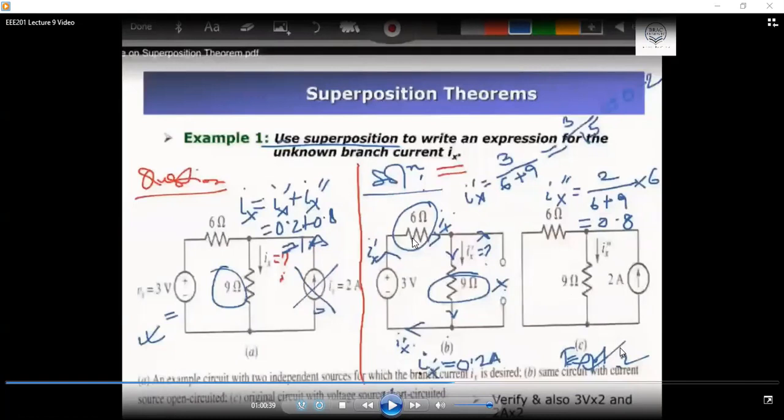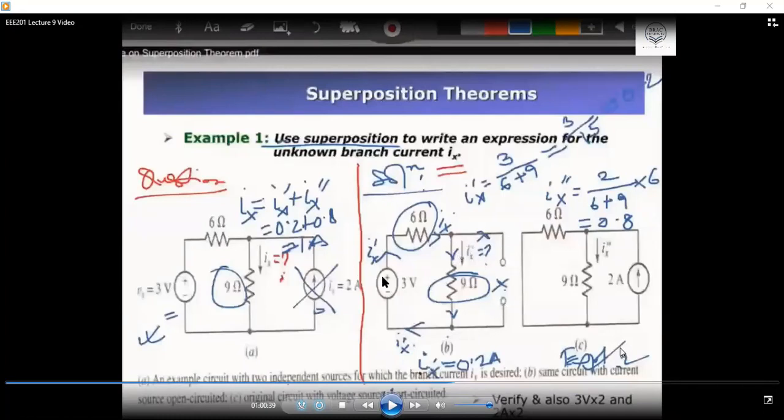So in the first experiment Ix is Ix prime. In the second experiment Ix is Ix double prime. If you want to find Ix prime, the current source is open, so the 3 volt is connected directly in this circuit. The current is 3 divided by 6 plus 9, that is 15, and that is the current Ix prime, because this side is open and no current is going through that part.